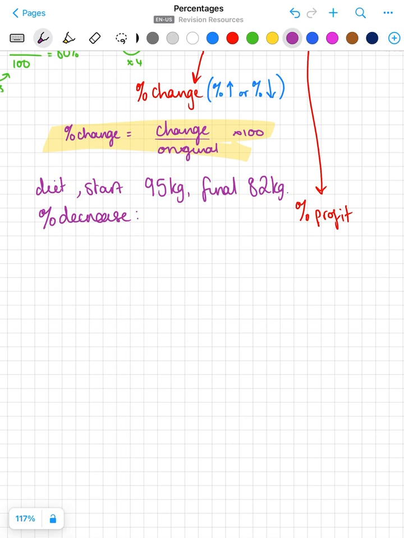So we find the difference in the weight, so that's 95 minus 82. That's a difference of 13 kilograms. Divide that by the original mass, which was 95, and times that by 100 to get it as a percentage. Answer 13.68, round to the nearest percentage, typically 14%.